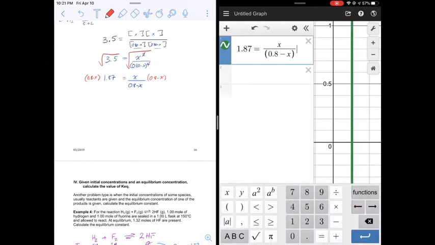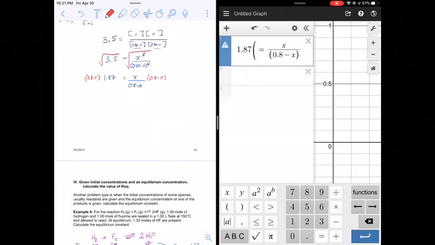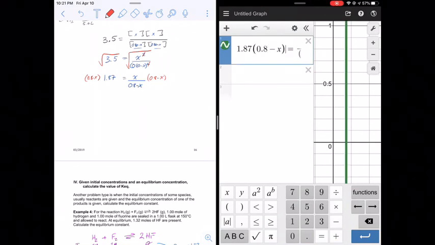It's not giving me the answer. There was a time when this used to work. I swear. You could start moving things over, 0.8 minus x like this, and this would probably start to become clear.